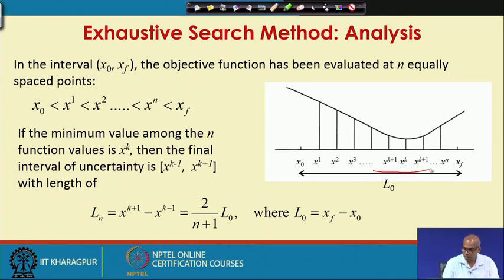Please note here. If the minimum function value among the n function values is at xk, then the final interval of uncertainty is determined by one point on either side of xk. That means, x(k minus 1) and x(k plus 1). This is x(k minus 1).